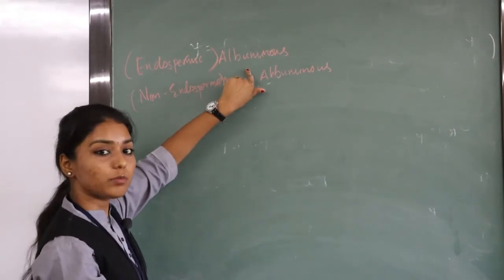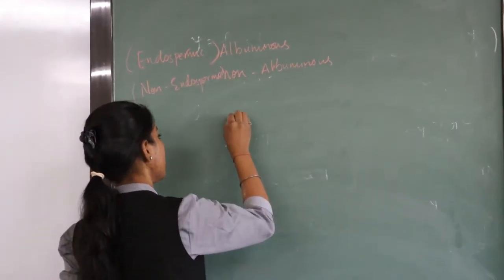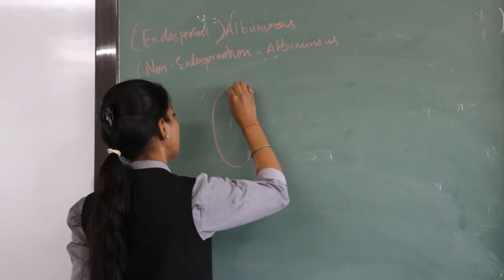Albumin is a type of protein which is present in seed.